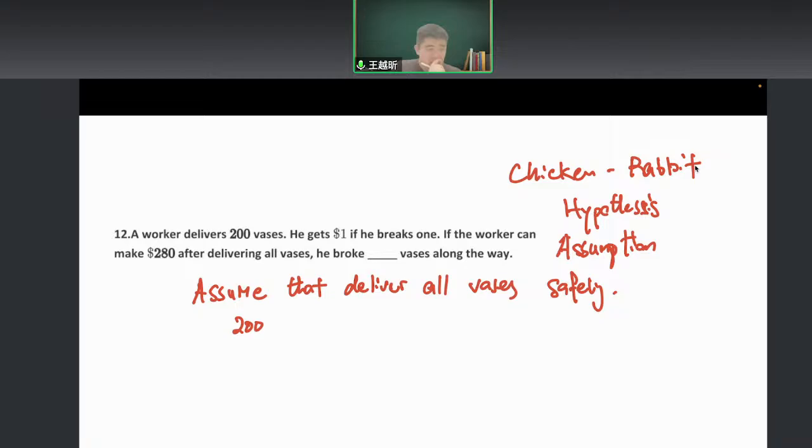Oh, the question here is not correct. The question should be: if he delivers safely, then he gets $2. If he breaks one, he needs to pay $10.